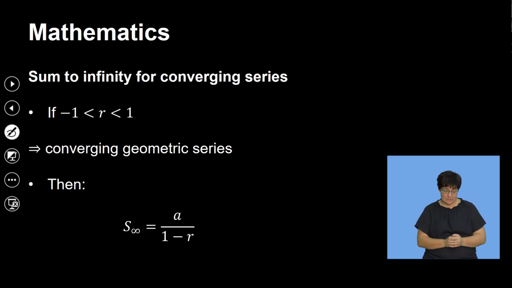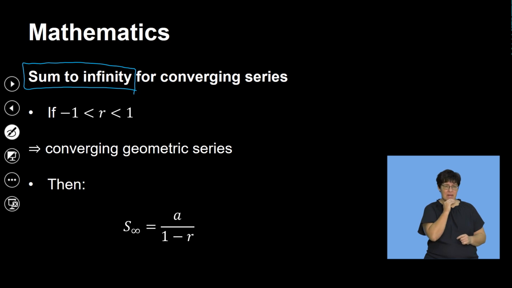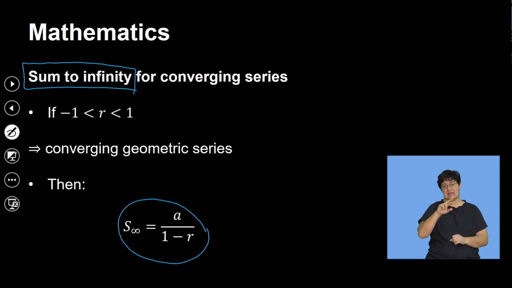When a series is converging, we can then find the sum to infinity. Why sum to infinity? Because it is approaching a specific value, right? So if r is greater than -1 and less than 1, then we say this is a converging geometric series. Then I can use the formula: sum to infinity is equal to a over 1 minus r.